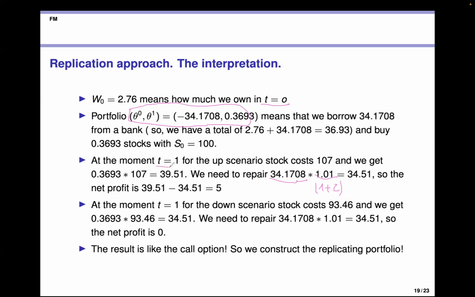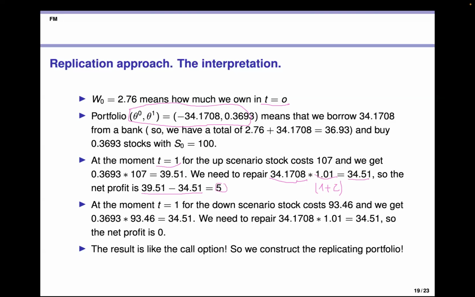At the moment t equals 0, we need to repay because we borrowed. So this sum we multiply by 1 plus r, and we need to repay this sum. So in the up scenario, we have 39.51 euro and subtract what we borrowed, so it is just 5.